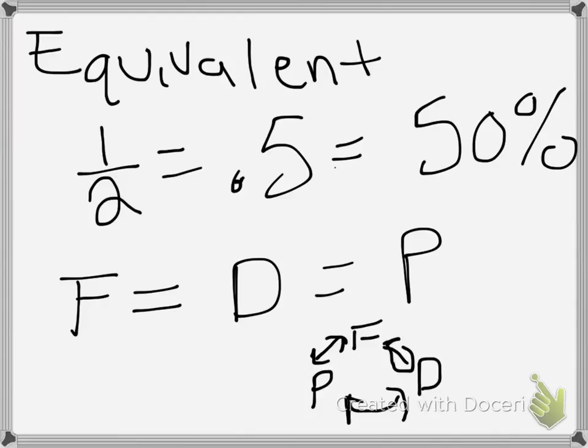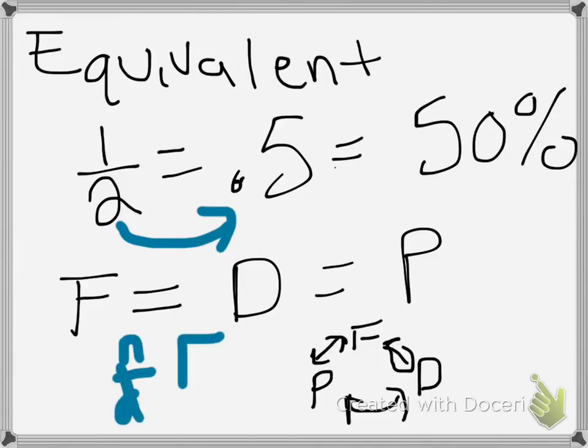For fractions, to go from here to here, we did nerd and donkey. To go from decimals to percents, we did the mustache rule.